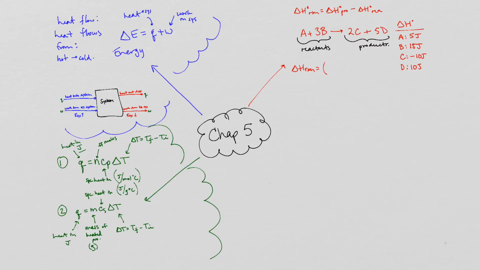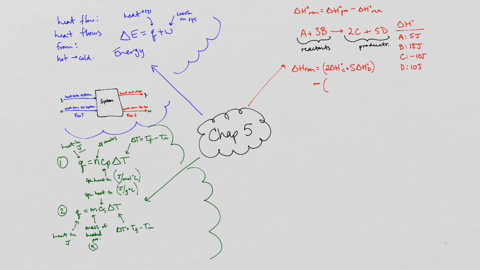So delta H reaction in this case is going to equal 2 times delta HC plus 5 times delta HD. And I'm going to write it vertically just so you can see it. But I'll write this horizontally for the rest of it.